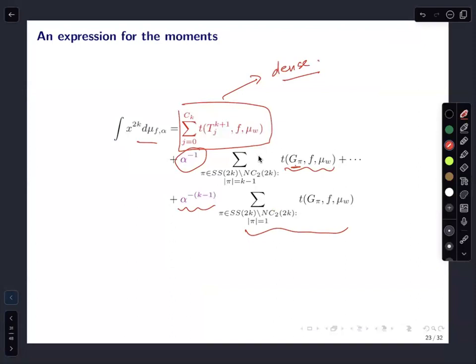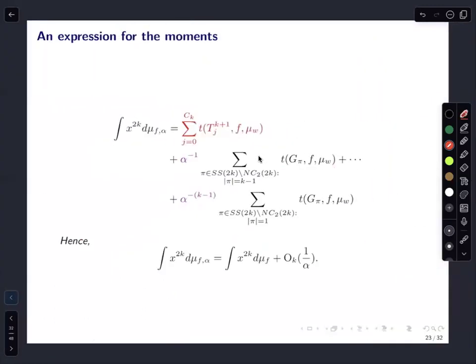So what you see is that you get a polynomial which looks like A0 plus alpha inverse A1 plus alpha minus 2 A2, like this. And it's a finite polynomial. But what is interesting is that these moments are exactly equal to the dense case plus some O(1/alpha).